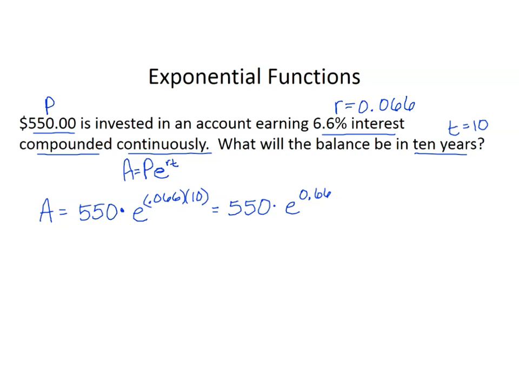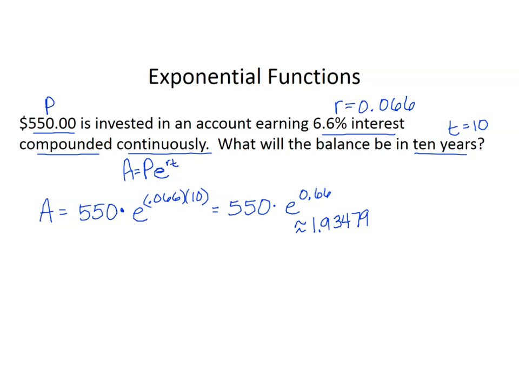So I'm using the calculator on my iPhone, so I have an e to the x button. In order to use the e to the x button, you have to put the exponent in first. So right now I'm going to enter 0.66, and then I'm going to hit e to the x. And you should get about 1.93479.